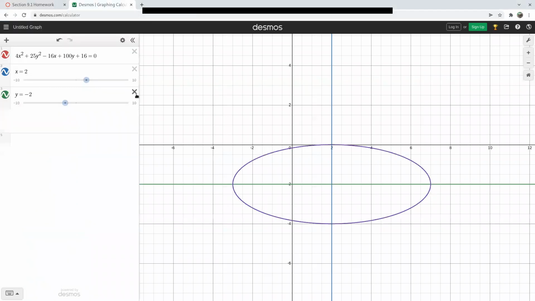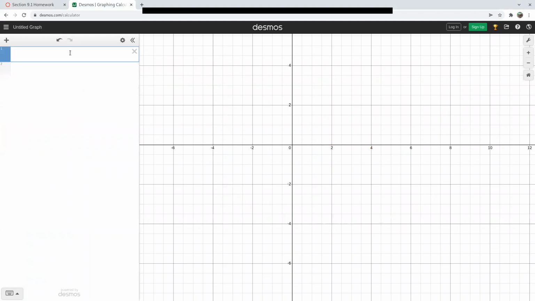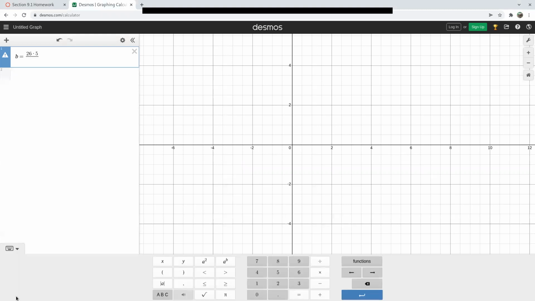Let's clear out that old ellipse. So first thing is we're going to calculate our b, and we believe b is equal to a fraction with 26 times 5 in the top, and in the bottom, we get the square root of 26 squared minus 24 squared.